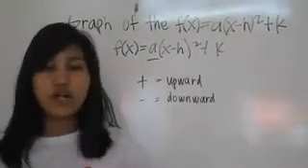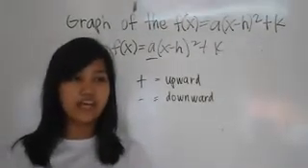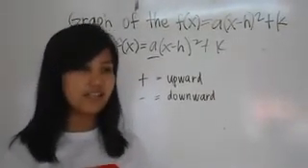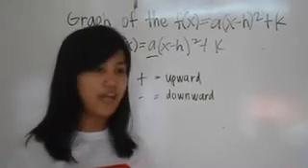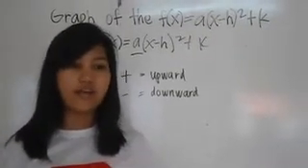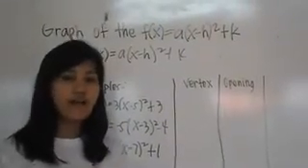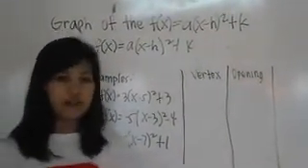The graph of the function f of x equals a times (x minus h) squared plus k has the same characteristics as the graph of f of x equals ax squared. It is a translation of the graph of f of x equals ax squared. I'll give examples and we will find the vertex and the opening of the graph.